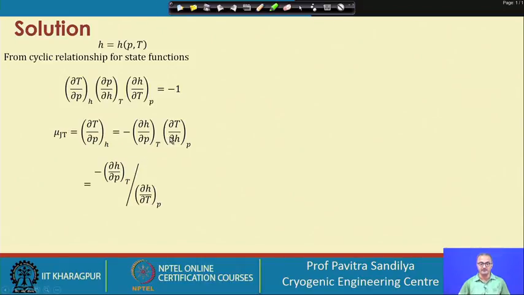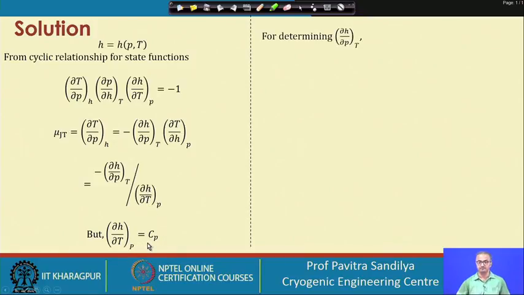So we are putting everything in terms of ∂H/∂T or ∂H/∂P. This remains the same, and (∂T/∂H) at constant P we write as the reciprocal of (∂H/∂T) at constant pressure. Now, we know that (∂H/∂T) at constant pressure is the specific heat at constant pressure, so we can replace this term with Cp.